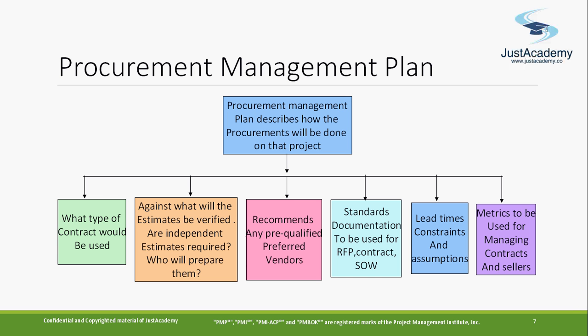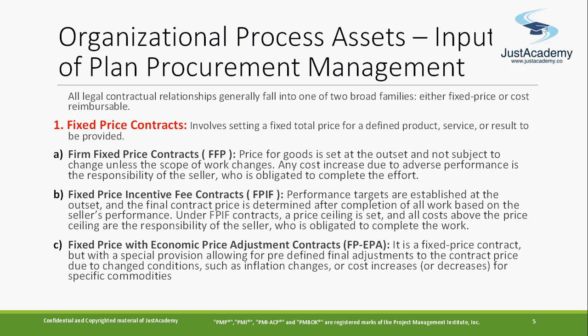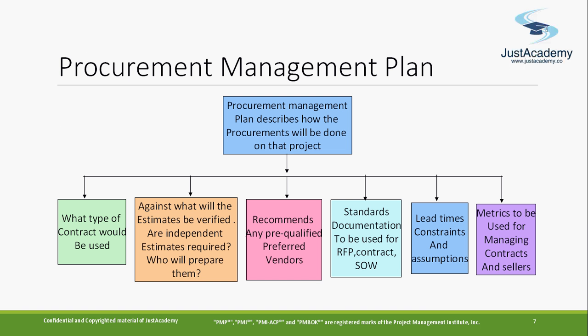Now the procurement management plan basically consists of these things: what type of contract should be used, and whether you will go for cost reimbursement or fixed price. Within that, if different contracts are there, that needs to be specified. How will the estimates be verified?